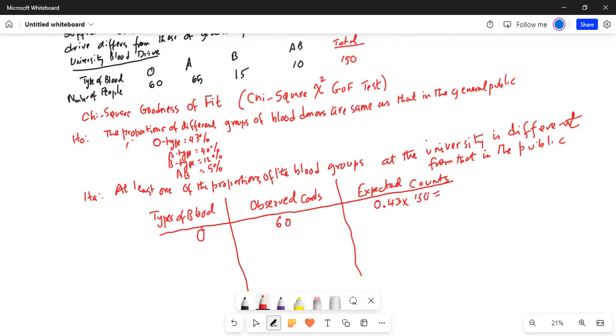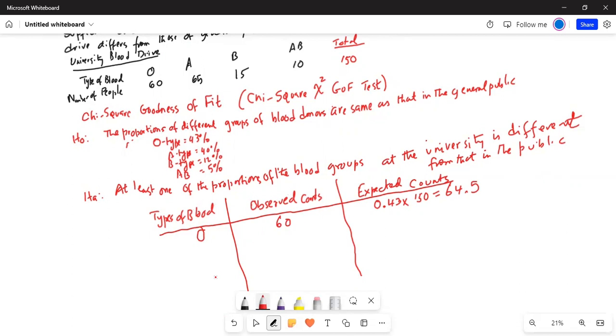And 150 comes from the sum of the total number of blood donors, okay? And that will be 0.43 multiplied by 150, which is 64.5. That would be my expected count for O type of blood if the null hypothesis is true, because O type is 43% multiplied by the total number of blood donors, 150.